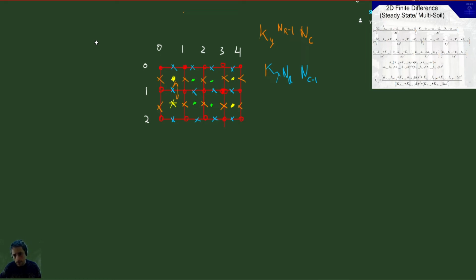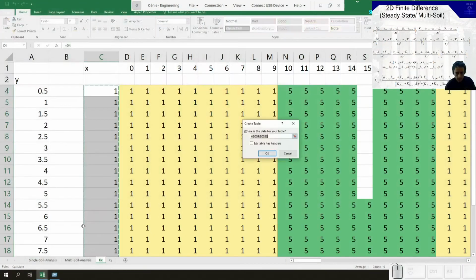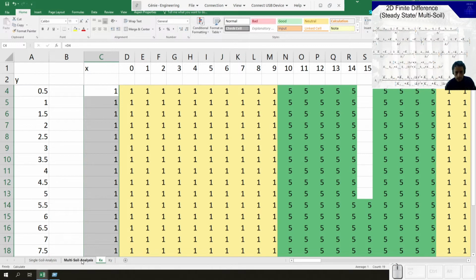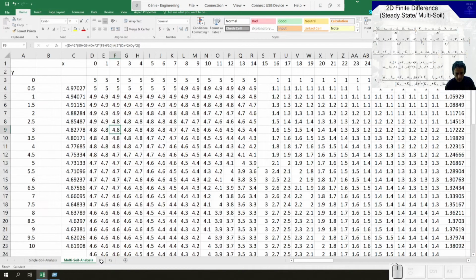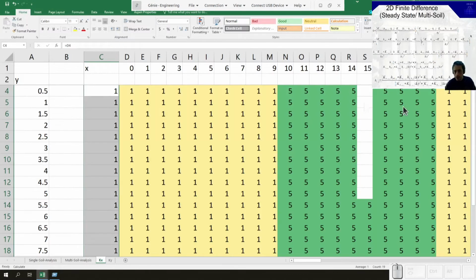So these are outside our materials, but technically they are the same. Okay, so here we just put the equation. It's a little bit slow running on the VMware.